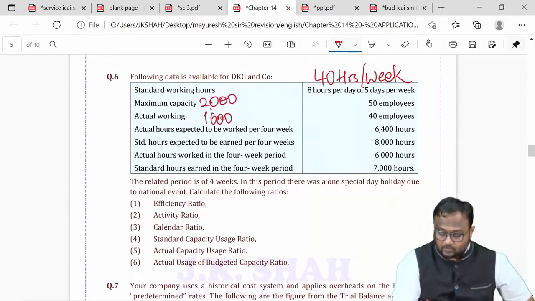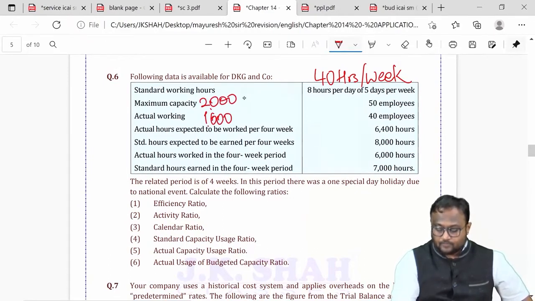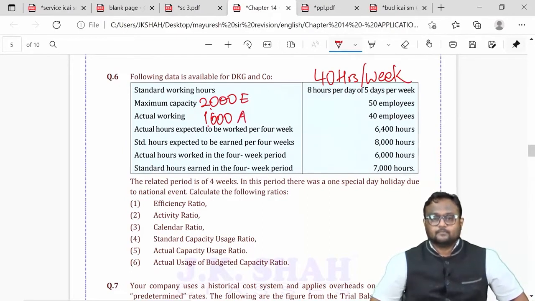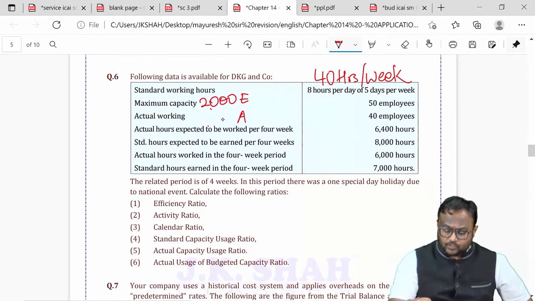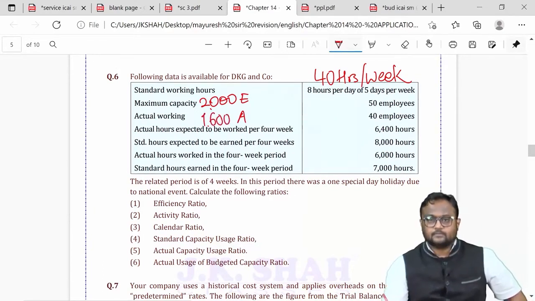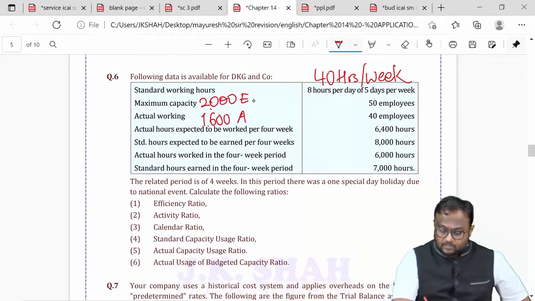So you can actually work for 1,600. This is your expected capacity. This is your actual capacity, because you have 40 employees working for you. You cannot work more than that. They gave us a calculation for 4 weeks.